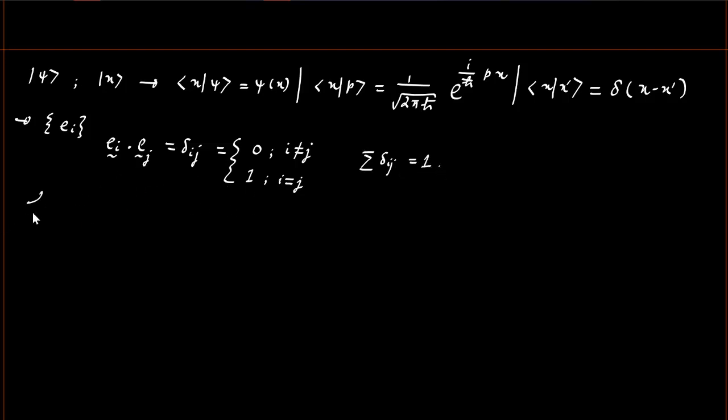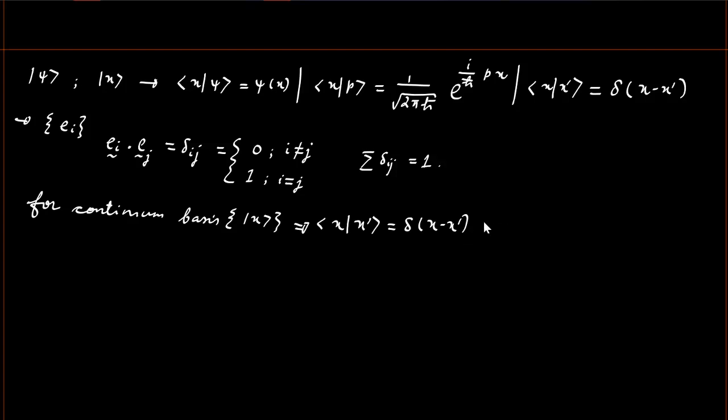Now for a continuum basis I can write, for the continuum basis, this basis I can write in a similar format, that is, this inner product gives the delta function of x minus x prime.